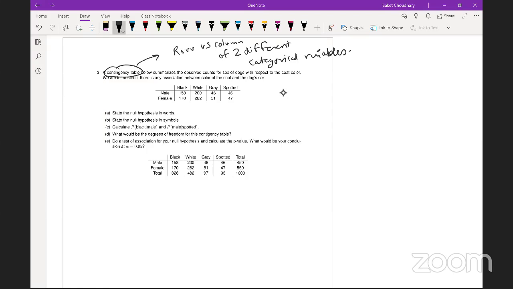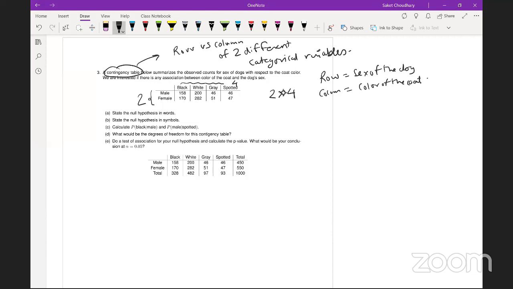So here we're given 2 cross 4. Okay, what does that mean? We have 2 rows and 4 columns, right? Now, what are the categorical variables here? The row is the sex of the dog, and the column is the color of the coat.